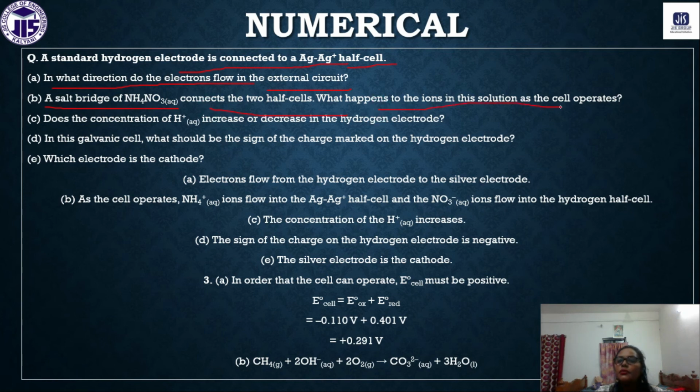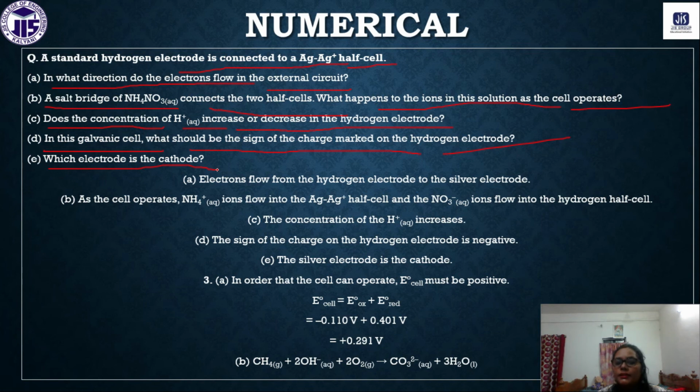What happens to the ions in this solution as the cell operates? Third question is, does the concentration of H plus in the aqueous medium increase or decrease in the hydrogen electrode? In this galvanic cell, what should be the sign of the charge marked on the hydrogen electrode? And the last question is, what electrode is the cathode?